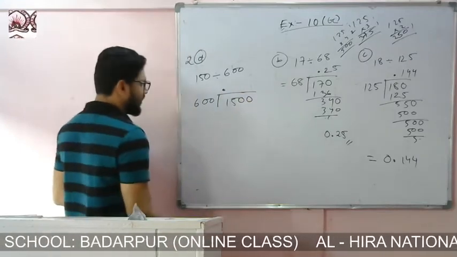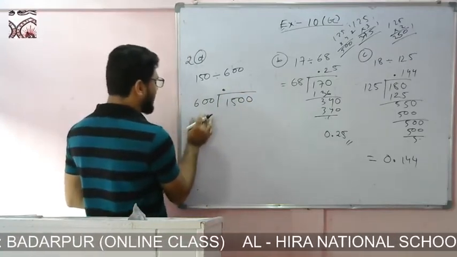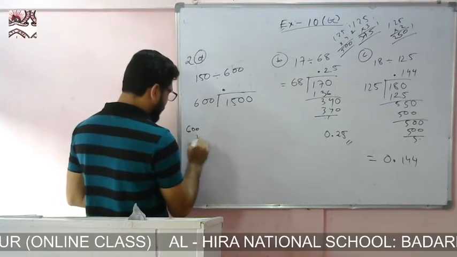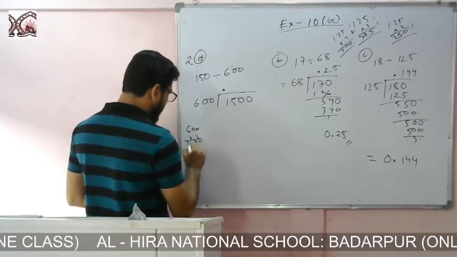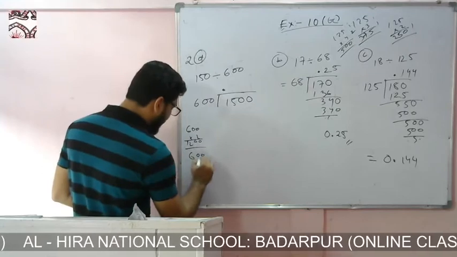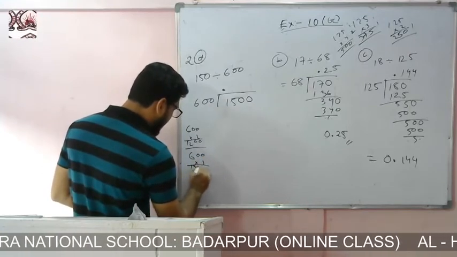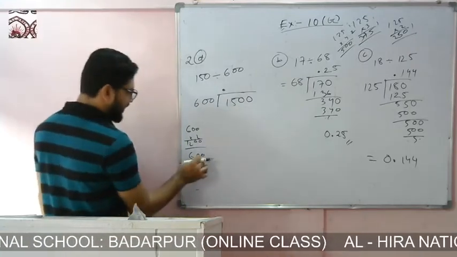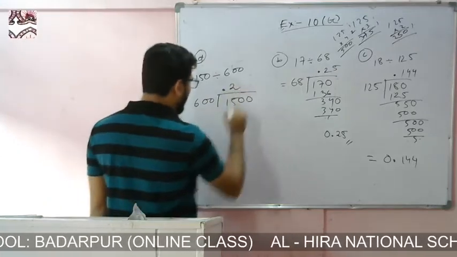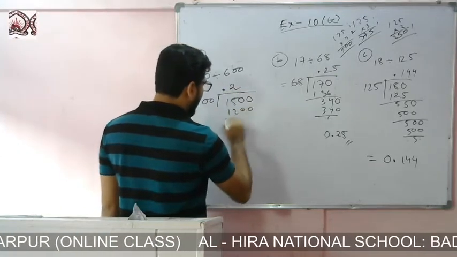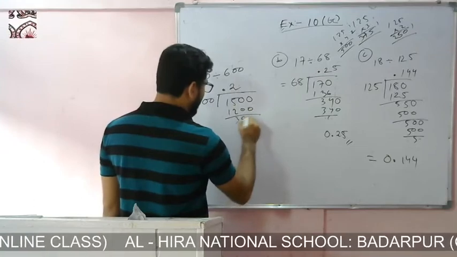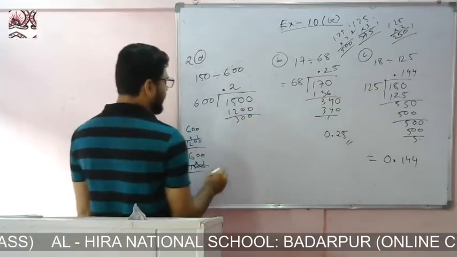Now it is divisible. So let us check with 600 into 2. 600 into 2 is 1200. 600 into 3 is 1800. Okay. So into 2, 1200. Then we'll get 300. So it is not possible. Point is there.